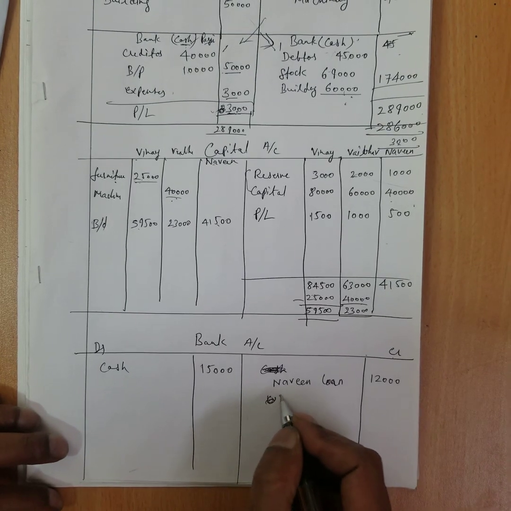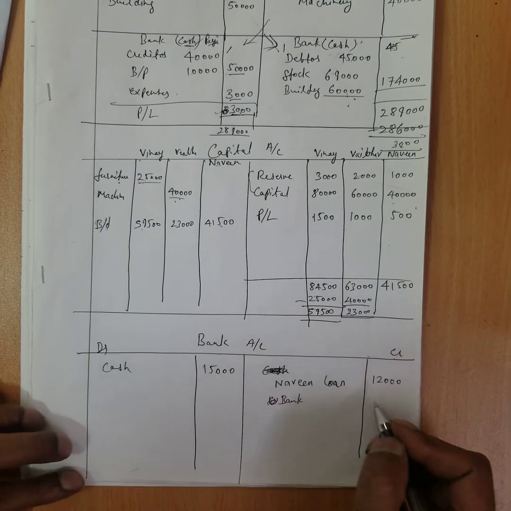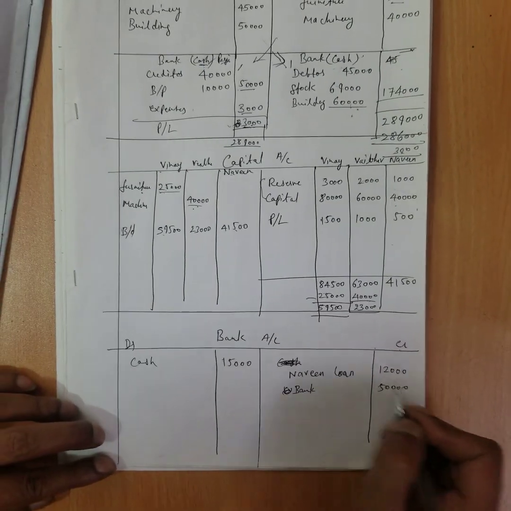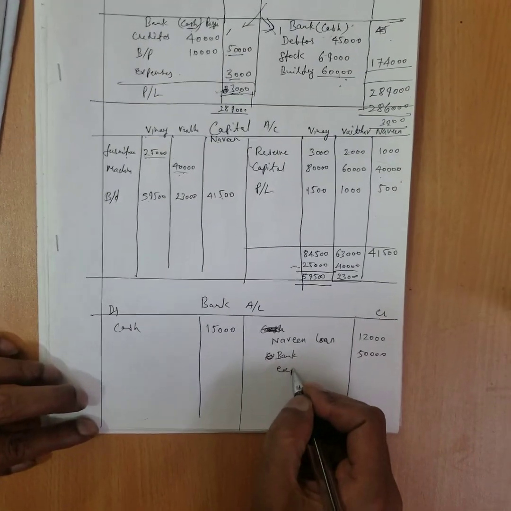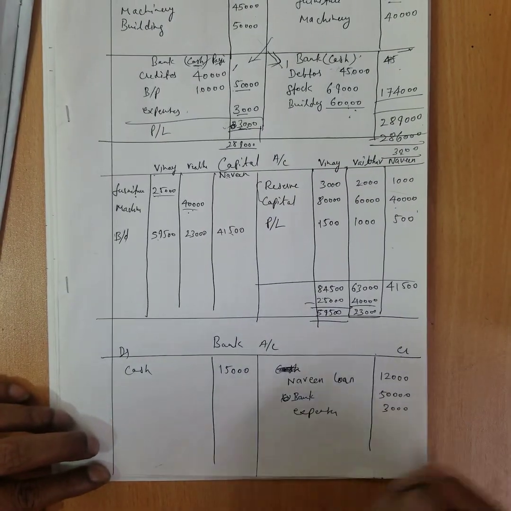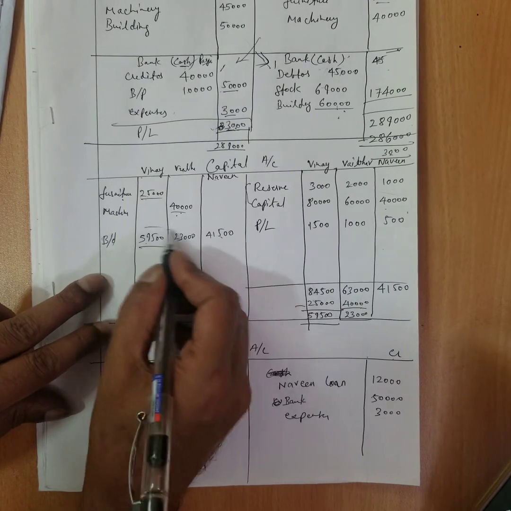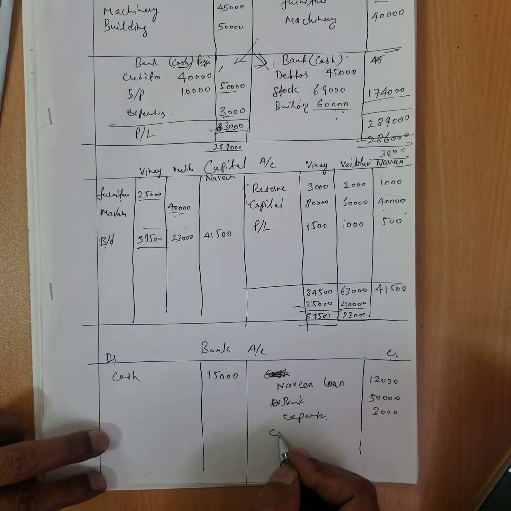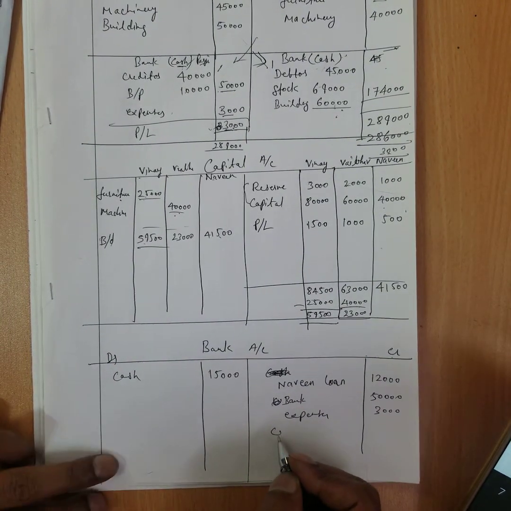We'll just write bank account, and 50,000 altogether will be going from the bank. Realization expenses 3,000 also goes out from the bank, and this cash, capital, we have to give then. Write capital account.